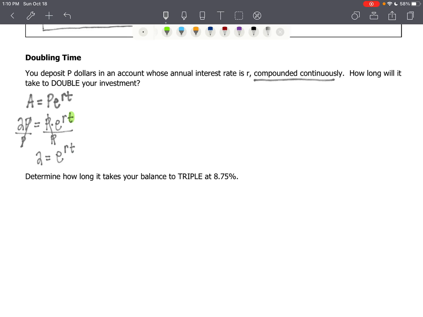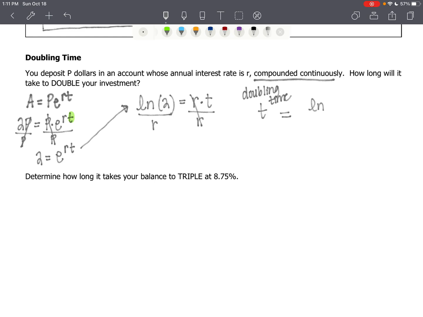Now we're going to write this in log form. Log base E, the natural log of 2, is equal to R times T. We want to solve for T, so I'm going to divide both sides by R, and the doubling time, T, is equal to the natural log of 2 divided by the annual interest rate.